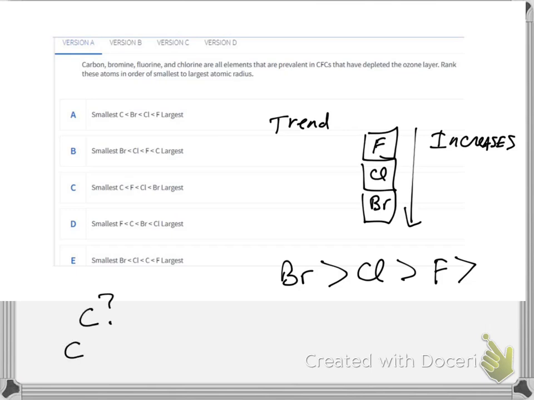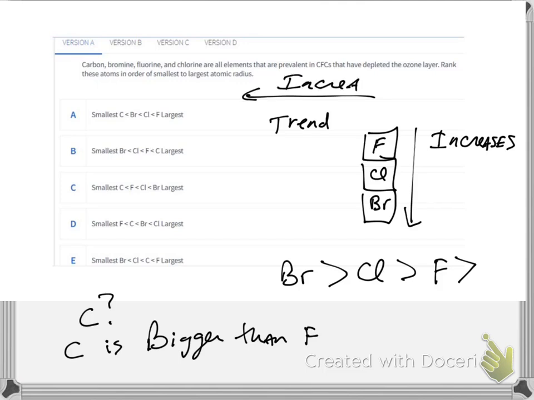Now the question is, where does carbon go? Carbon is in the same row as fluorine. It's got to be bigger, right? Carbon is going to be bigger because the size increases as you go from right to left, since there are fewer protons holding in the electrons, and so they get a little bit bigger.